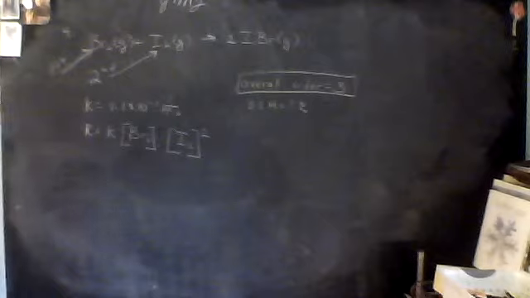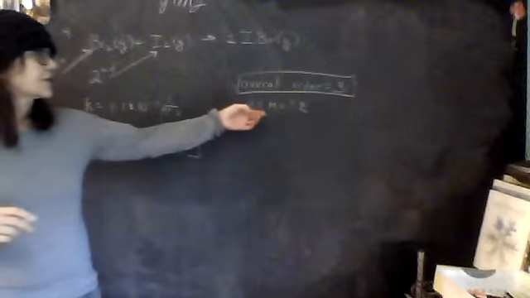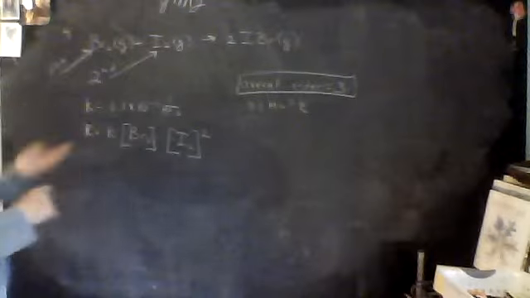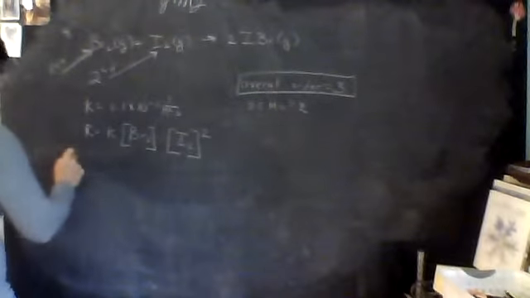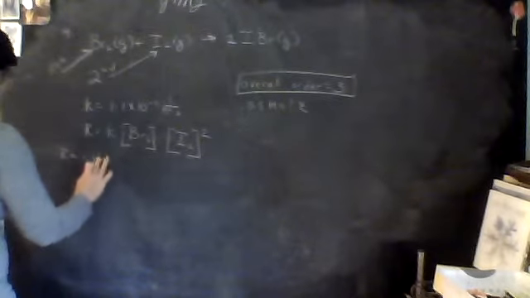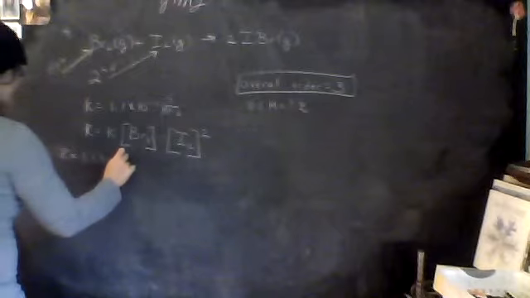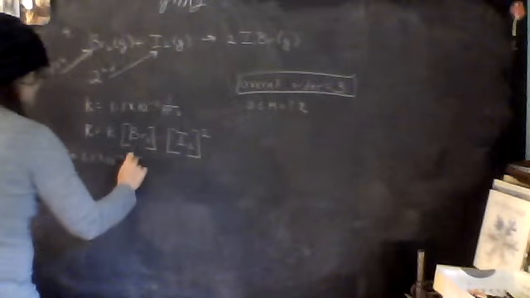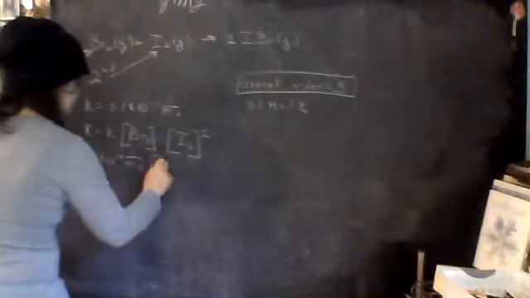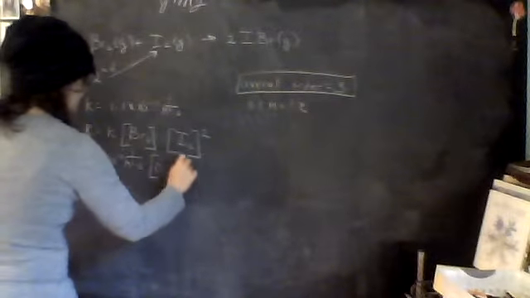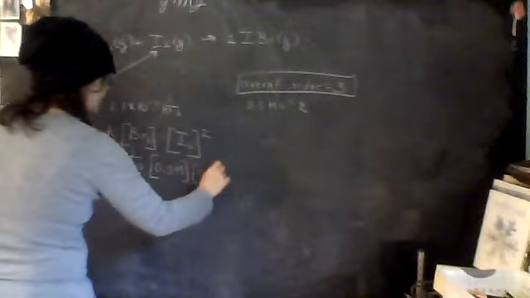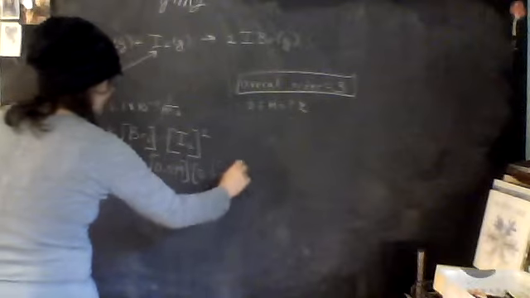Okay, so now if the concentration is 0.5 molarity for both of these, what will be the R? That's easy because they gave us K, so we're going to go back and plug that in. R would be 1.1 times 10 to the negative third, 1 over molarity squared times second, times 0.5 molarity times 0.5 molarity squared.